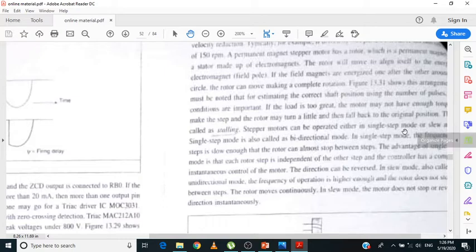When you go through the textbook, you will come across one more term called stalling. Let me take one simple example. Suppose you are trying to lift some component, some device, some weight. If it is bearable, you can lift that weight.